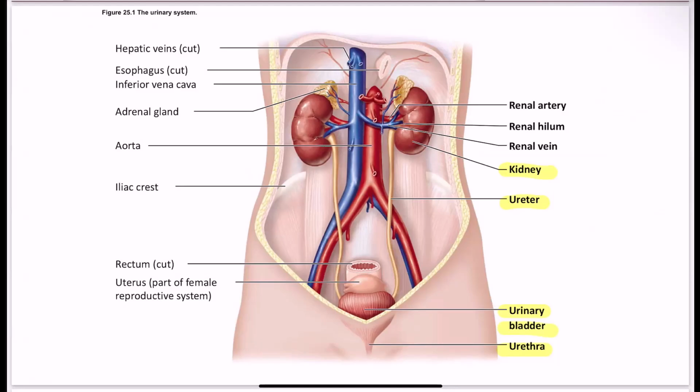So all of these structures work to perform the common function of the urinary system, which is formation, storage, and elimination of urine. The most important part of the urinary system for this job is the kidneys, because they perform a lot of jobs, and we'll talk about some of them here.